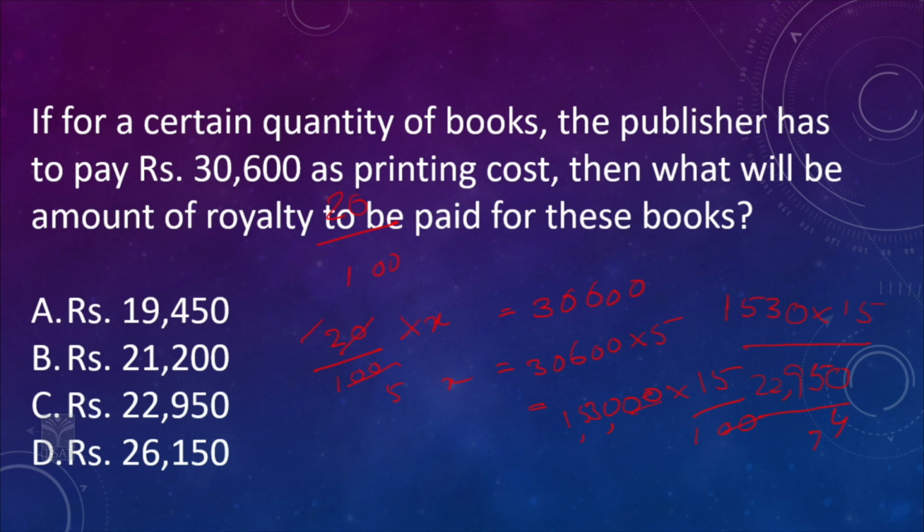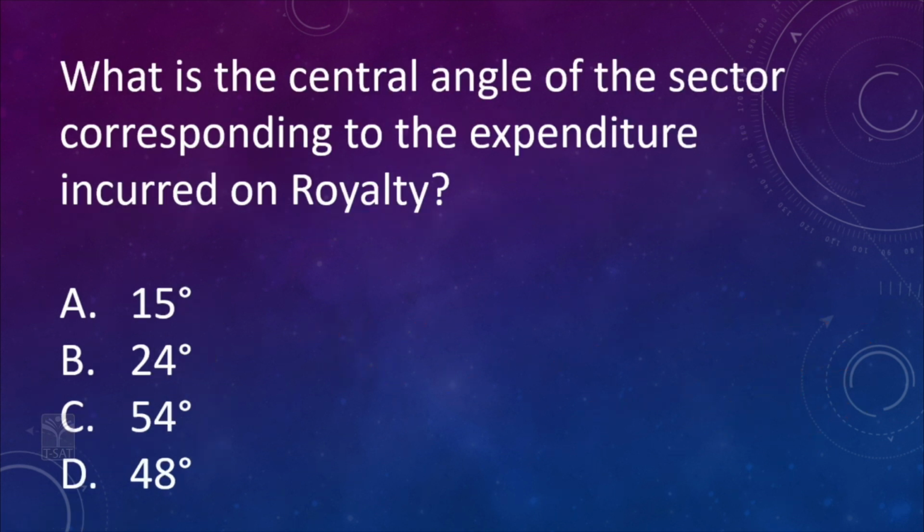You have to calculate that. We don't know the total cost for publishing the book, say x. So 20% of x is 30,600. So x is equal to 30,600 into 5, which is 1,53,000. When the total is 1,53,000, we have to pay 15% as royalty, means 15% of 1,53,000 will be 22,950. So option C is correct. Clear? Now we will see one more question.